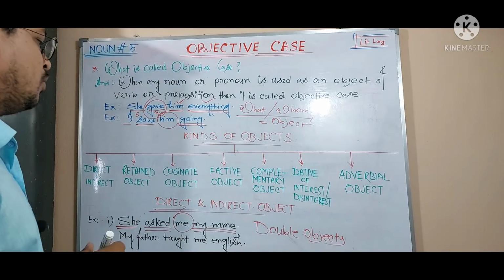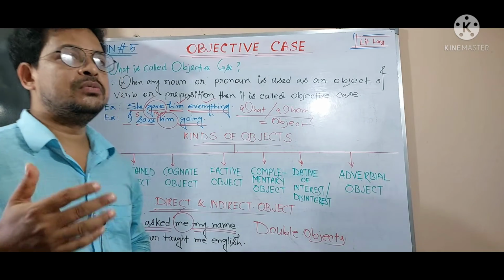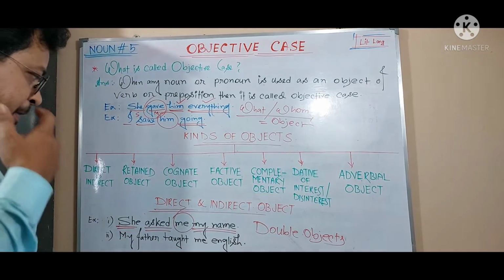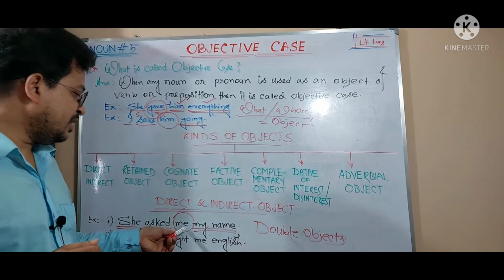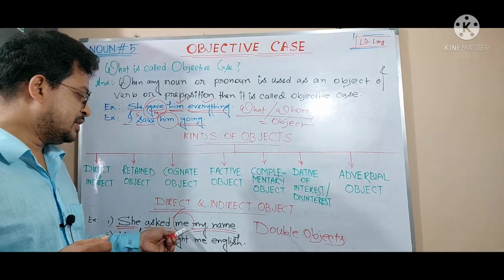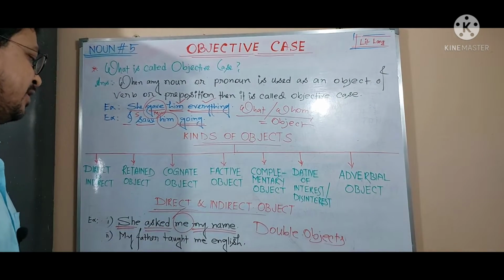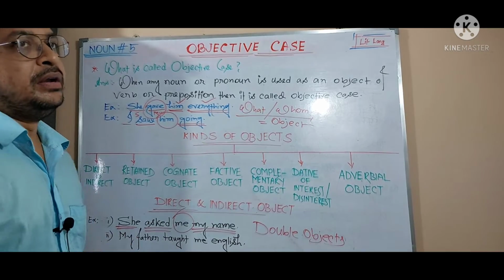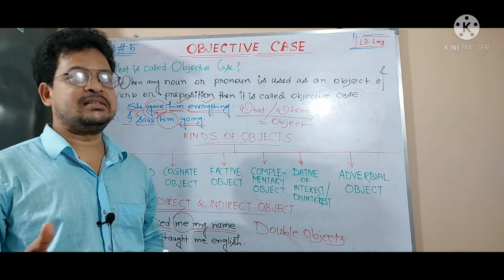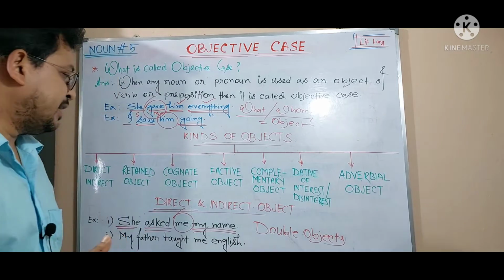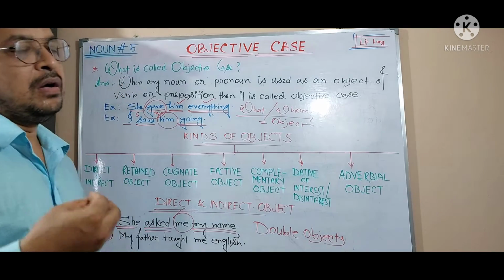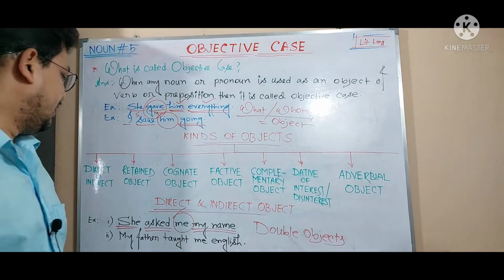But how can you understand which one is direct and which one is indirect? Always remember that a human being is classified as the indirect object and my name is the direct object. That means things which are not living beings are always classified as direct objects, and human beings are classified as indirect objects.